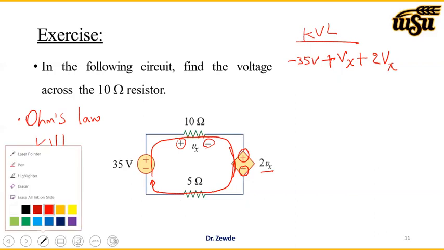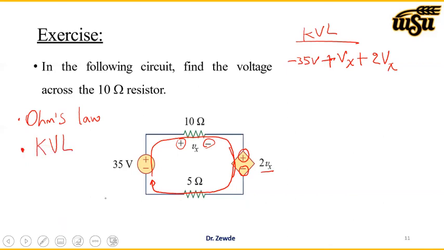And the fourth component is the 5 ohm resistor. Let's say that the voltage across the 5 ohm resistor is V1. In resistors, we go from plus to minus, so across the 5 ohm resistor, we go from positive to negative.